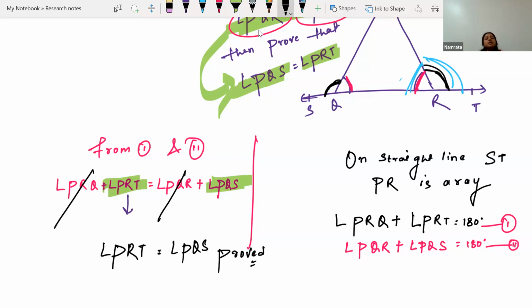Since both are 180 degree, we can compare equation 1 with equation 2, and after substituting the given condition, we get angle PRT is equal to angle PQS, and we are done with the proof. Is it clear? Yes, ma'am. Let's move ahead.